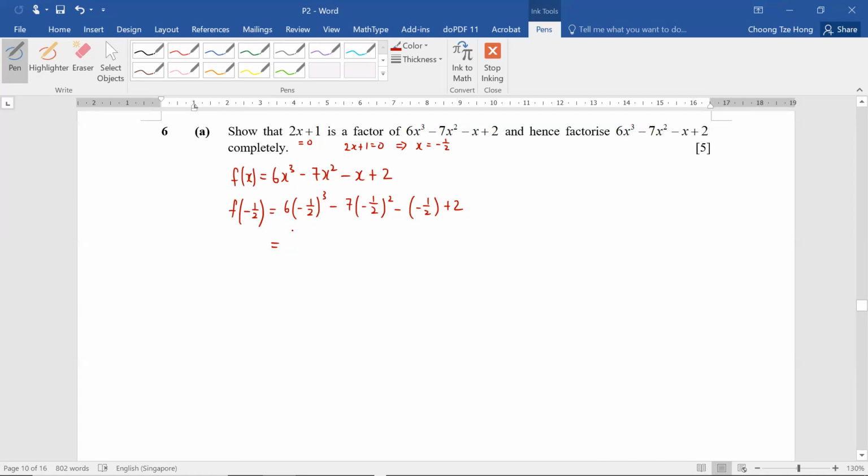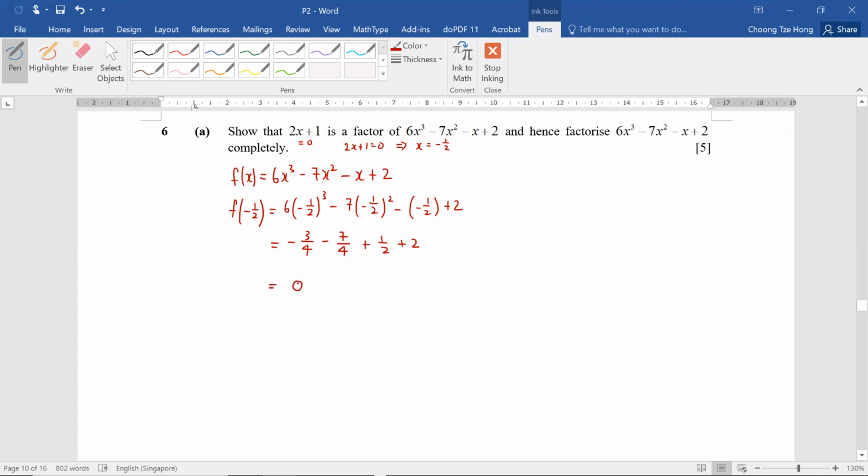So 6 times negative 1 over 8 will be negative 6 over 8, which is negative 3/4. Then from here, negative half squared will be positive 1/4 times negative 7. So negative 7 over 4 plus half plus 2, right?